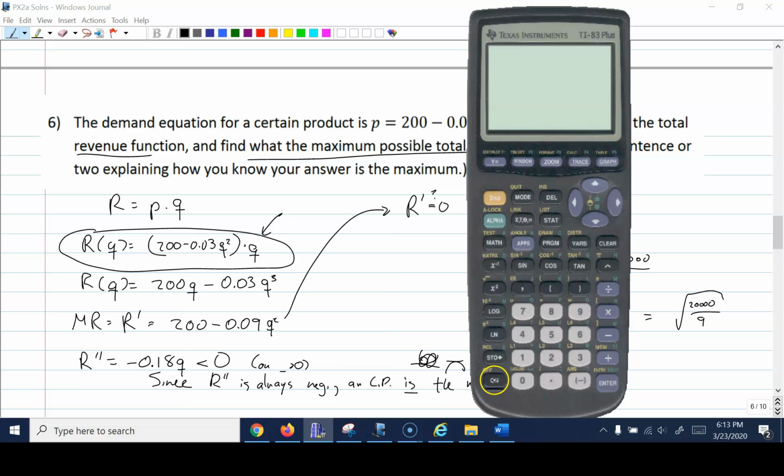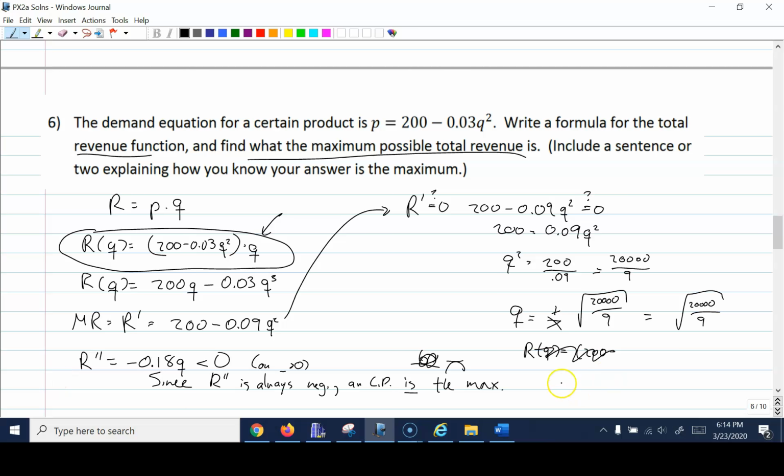Let's do that on the calculator. We're going to do that using the answer key because that lets us not have to type in that gross number that much. I want to know what's the square root of 20,000 over 9. And now my revenue function is 200 minus 0.03 times that answer squared, times q. Q is that answer. This is 6285.39.